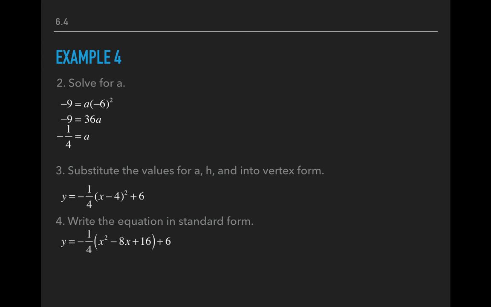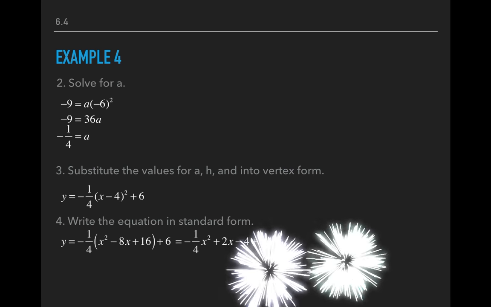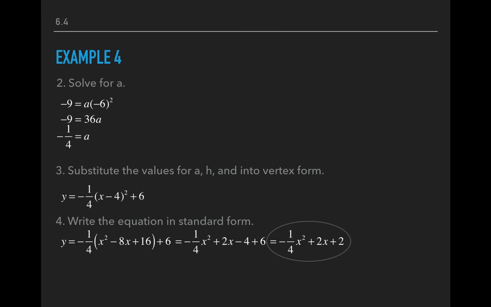And that is now expanded. Then, as you are probably guessing, we need to distribute in that 1/4. And then you can combine those last 2 terms. And that would be our equation that goes through the given point and the given vertex.